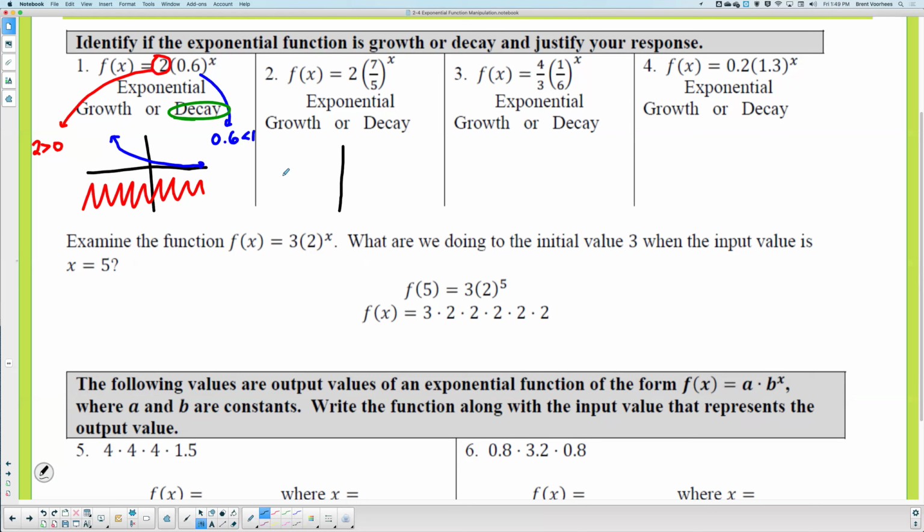I called all this together example 1. I'm going to call it example 2 for lesson 2-3. Tell me about my leading term. 2 is greater than 0. If 2 is greater than 0, what does that mean? It's above the x-axis, so our graph will not be down there. Now tell me about my base. 7/5.